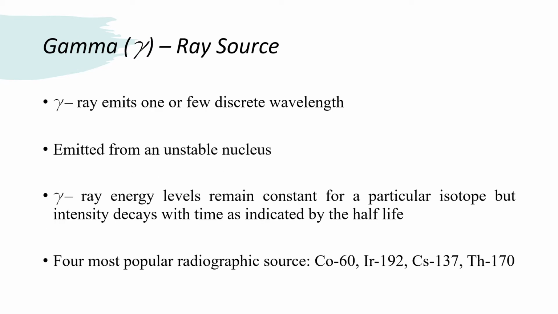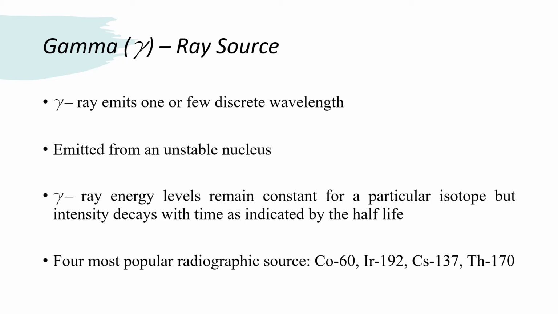Next is gamma ray source. In contradistinction to an X-ray machine which emits a broad band of wavelengths, a gamma ray source emits one or a few discrete wavelengths.